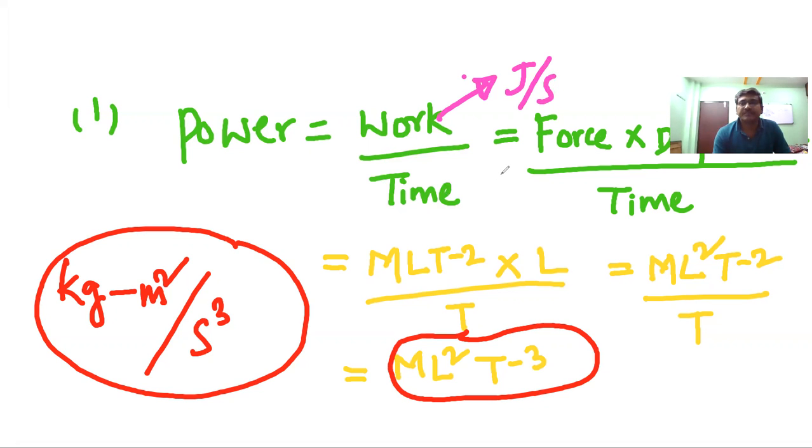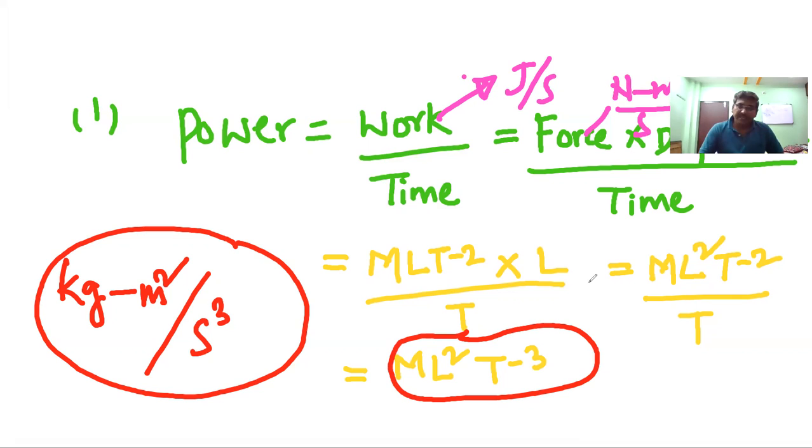Joule per second. Observe this. This is the force. The unit of the force is Newton, and displacement is meter, Newton meter. And time is second, Newton meter per second. We can express it in terms of Newton meter per second also.